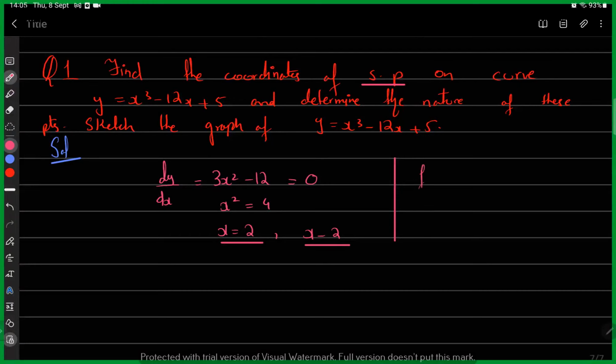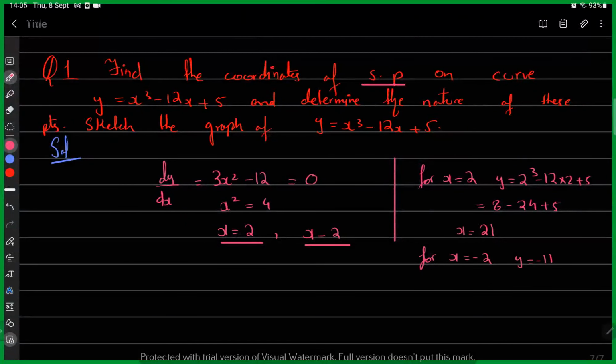For x equals 2, y is equal to 2 cubed minus 12 into 2 plus 5. This would give you 8 minus 24 plus 5, and that is basically going to be 21. And for x equals negative 2, y is going to be negative 11.